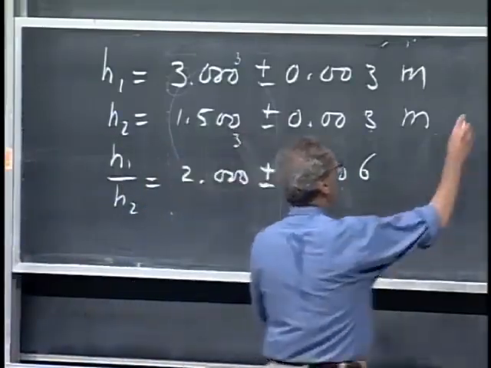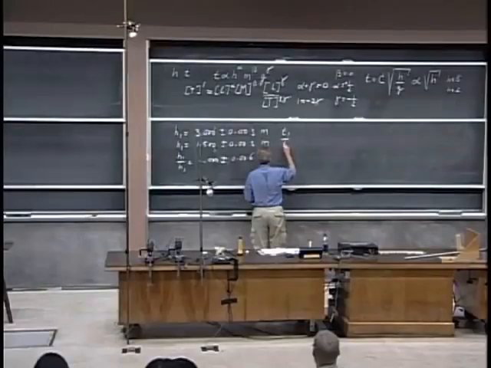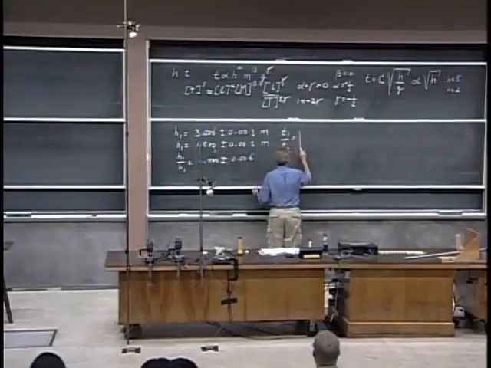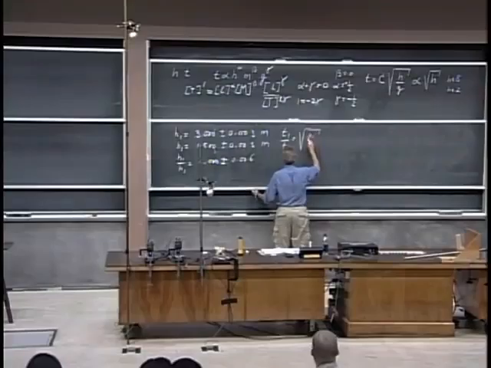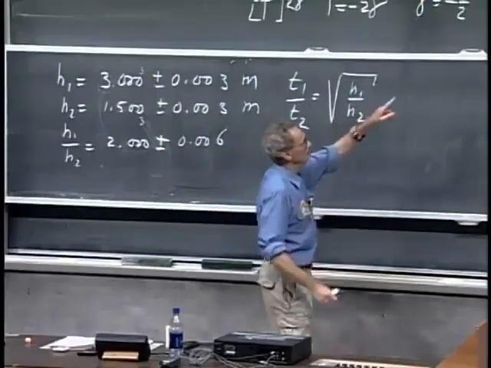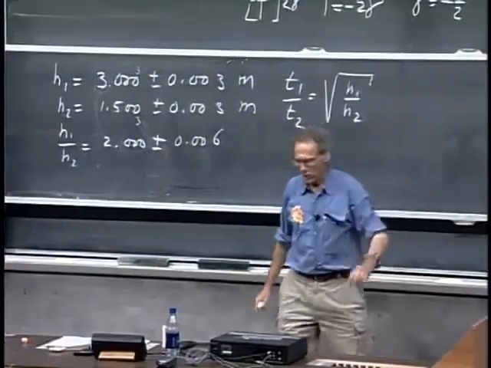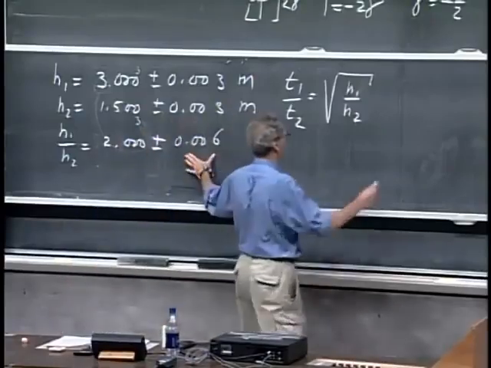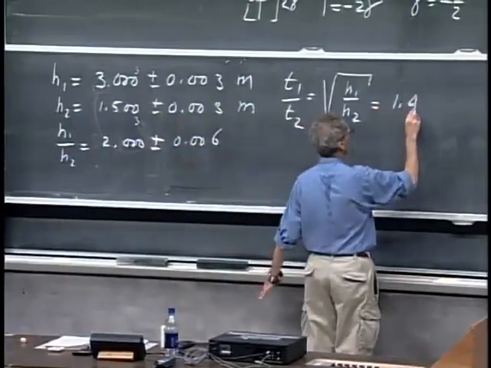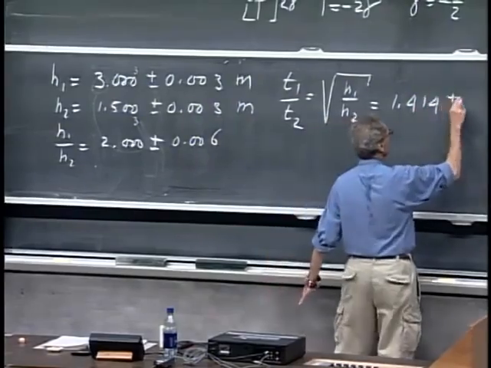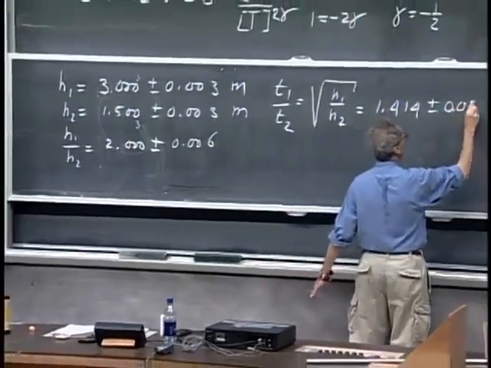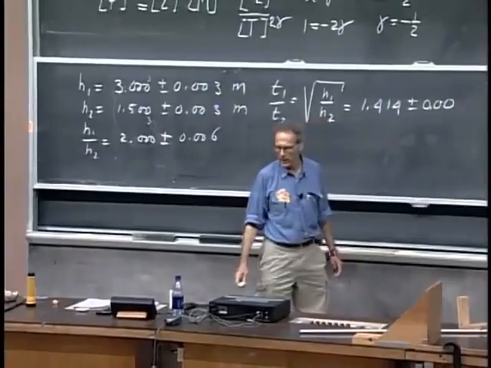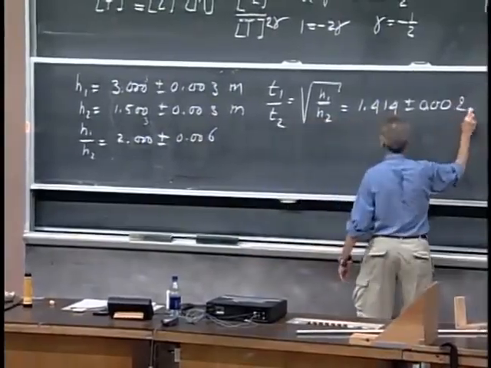And so the time t1 divided by t2 would be the square root of h1 divided by h2. That is the dimensional analysis argument that we have there. And we find, if we take the square root of this number, we find 1.414 plus or minus 0.02, I think that is a 2. That is correct.